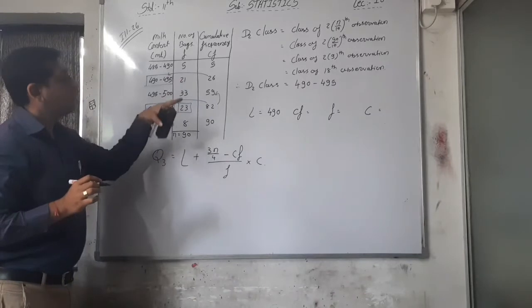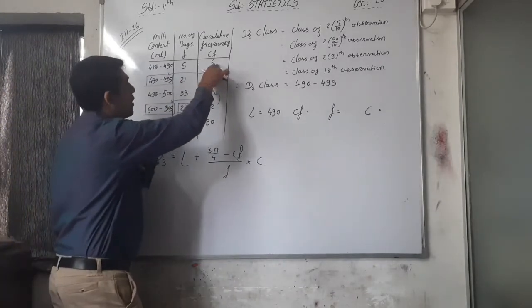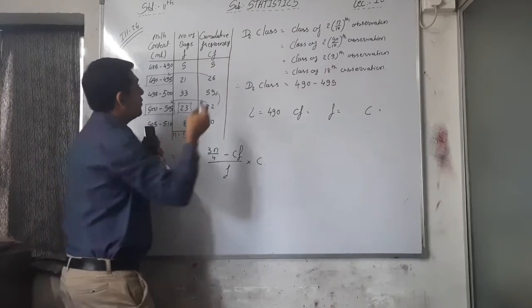Then CF, the previous class cumulative frequency, is 5.